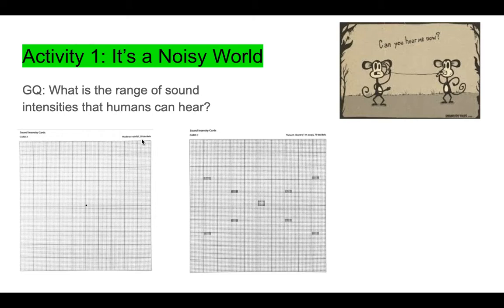And then here it says this sound, moderate rainfall, was 10 decibels, and it was just one dot out of that whole grid. The vacuum cleaner, if you're 1 meter away, was 70 decibels. So the difference between 10 and 70 sounds like 60 decibels, but that is a different pattern than intensity.